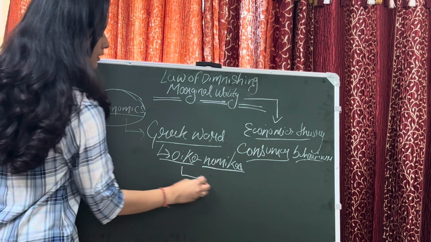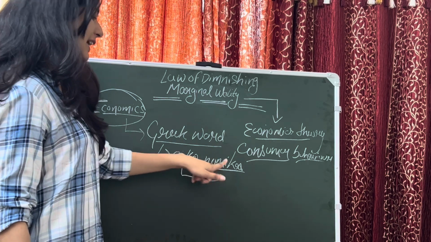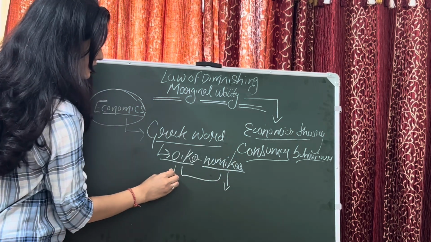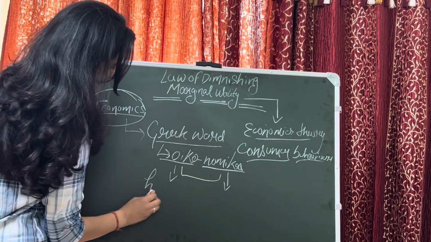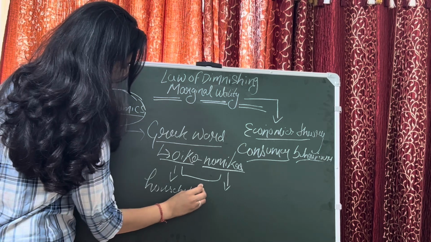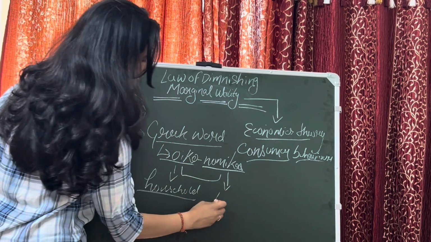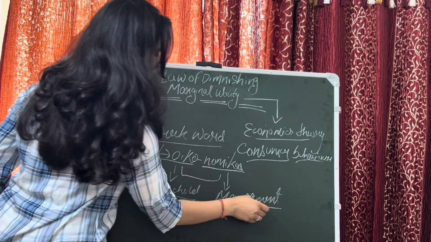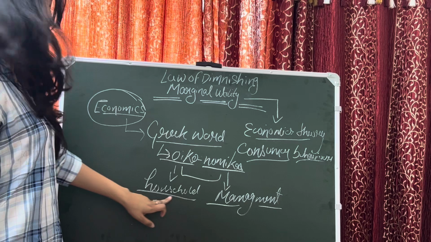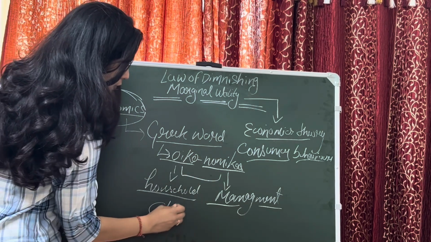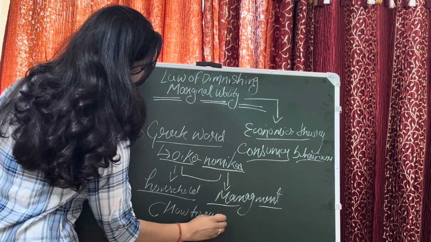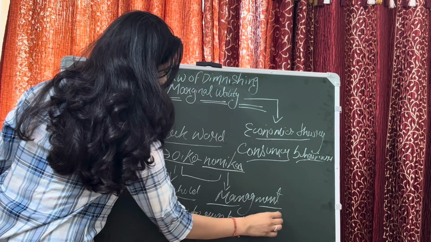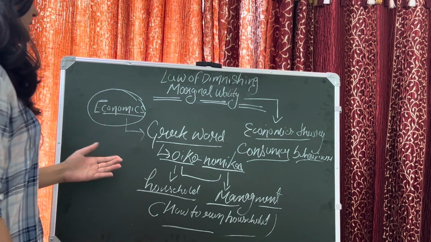It is divided into two words, oiko and nomicus. Oiko means household, and nomicus means management. So oikonomicus means household management, or how to run a household.